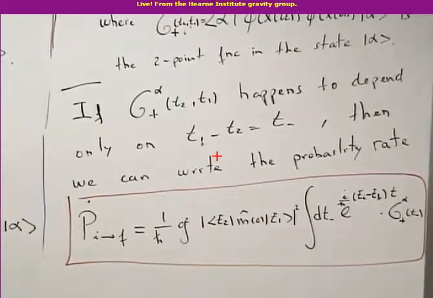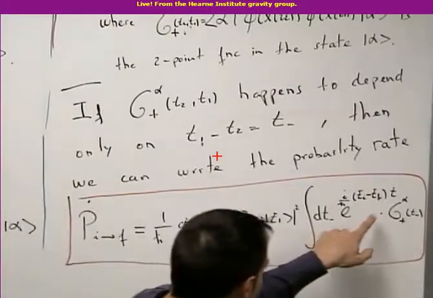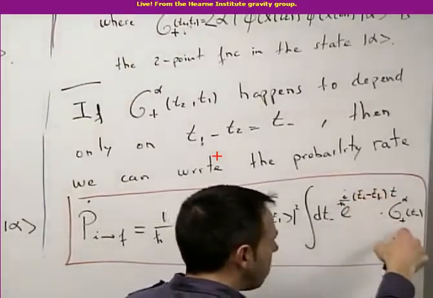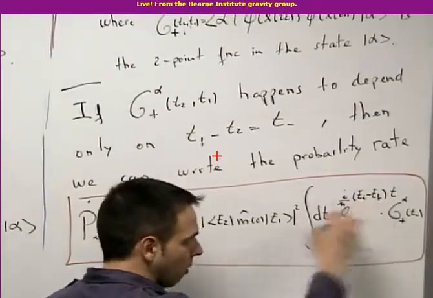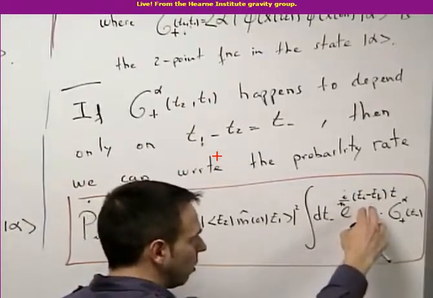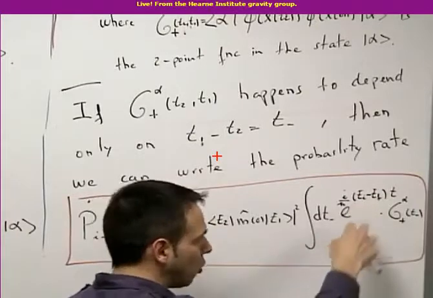So this is a very compact expression to compute both emission or absorption. Remember that we have summed over the final state of the field, but i and f make reference to the initial and final state of the detector. So this is a nice expression to compute the absorption or emission probability, kind of a Fourier transform of the 2-point function. And it is valid for both the emission, where this will be positive, or absorption, where this will be negative.